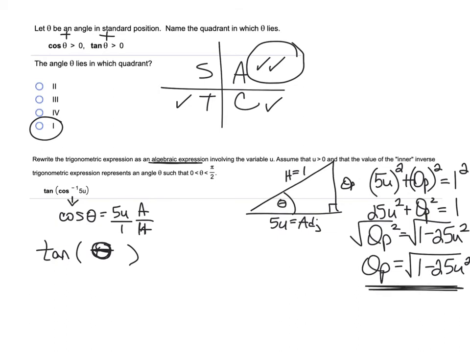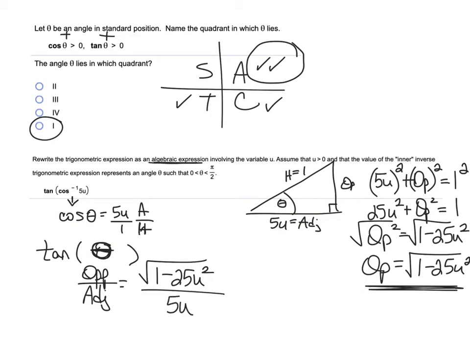Now the tangent, by definition, equals opposite over adjacent. So the opposite side we found to be the square root of 1 minus 25u squared, and the adjacent, remember, was 5u. So this is my final answer.